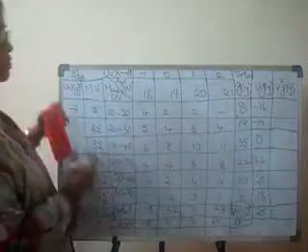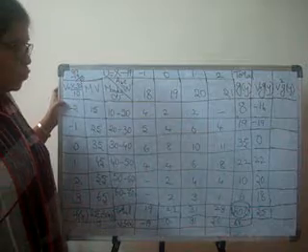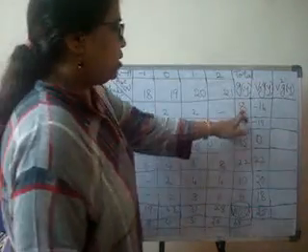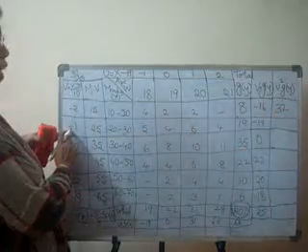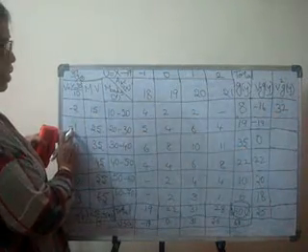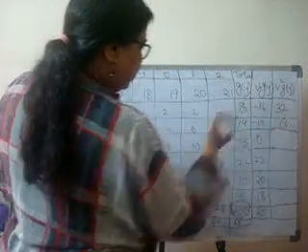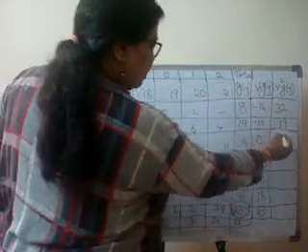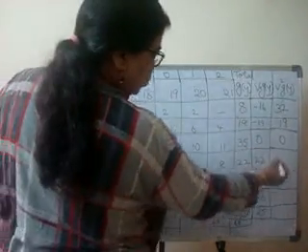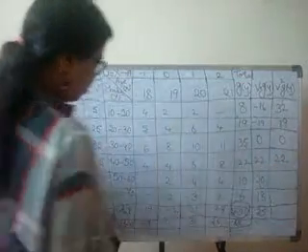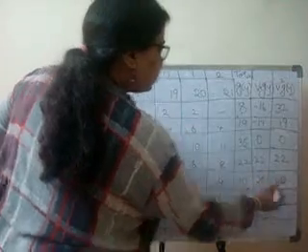How do we do that? V square means here v square is minus 2 square, 4. 4 into 8, that is 32. Here it is 1, minus 1 square is 1. 1 into 19. 0 into 35, 0. 1 square into 22 is 22. 2 square is 4. 4 into 10, 40.